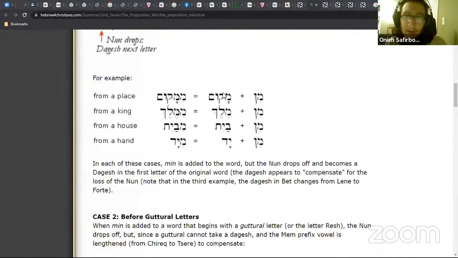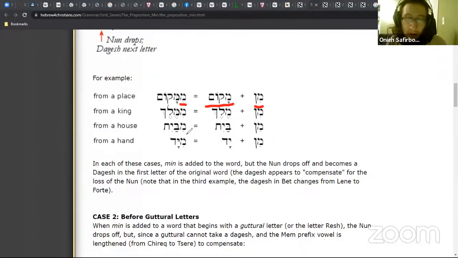we've got here, when you have min and mikom, it combines into, it drops the noon. Same thing here, min melek, from a king, it would originally be min melek, but the noon becomes so soft and silent, it just drops.